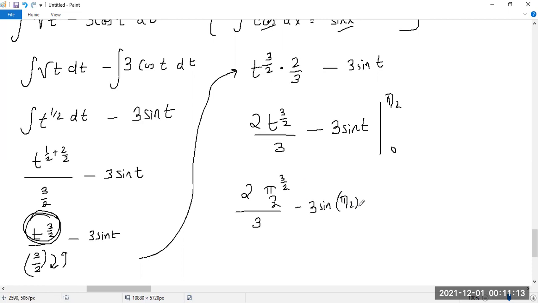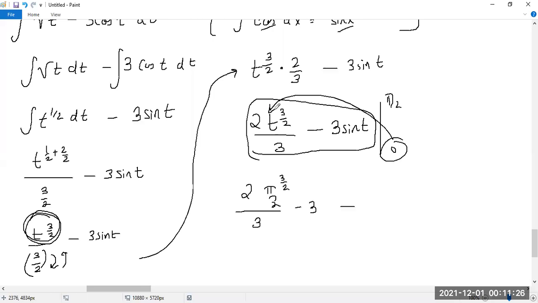Now, sine of pi over 2 is 1, so that's just 3 here. And we're going to subtract what we get when we plug 0 into this same function. If you plug in 0 here, you get 0. You plug in 0 here, sine of 0 is 0, so that 3 is affected by that. So you just get 0. So this essentially would be your answer.